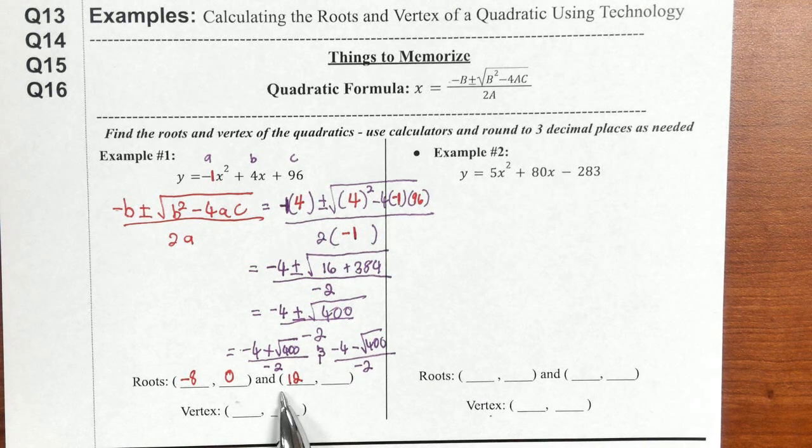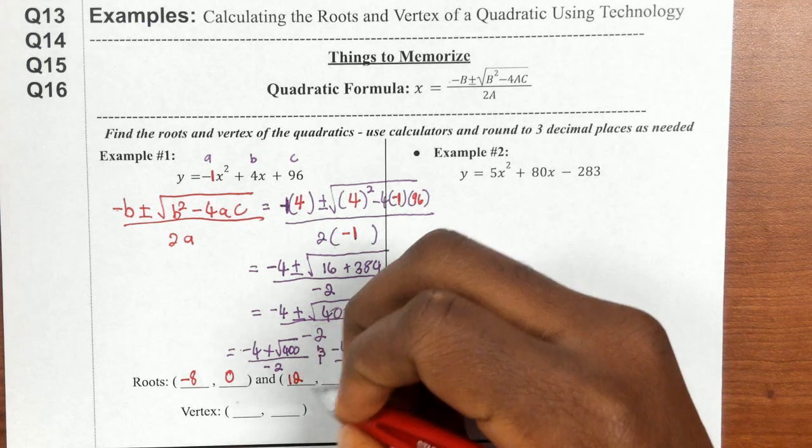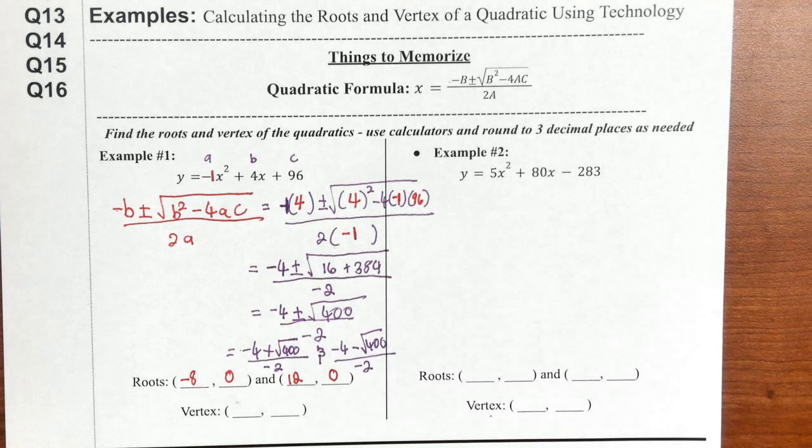Whenever you're representing a root, the y has to be 0. So this gives me negative 8 and this gives me positive 12: negative 8, 0 and 12, 0. The y will always be 0.